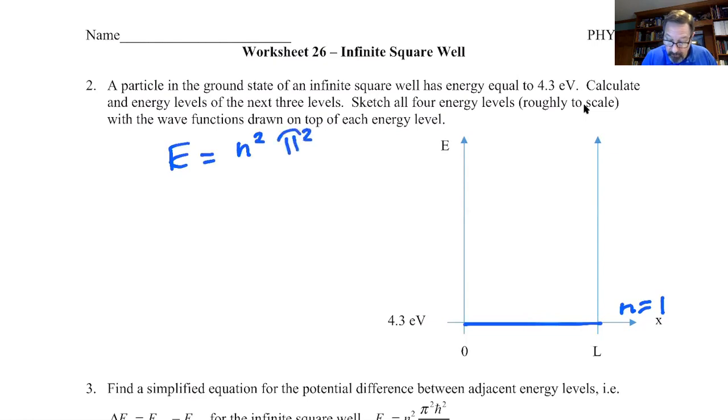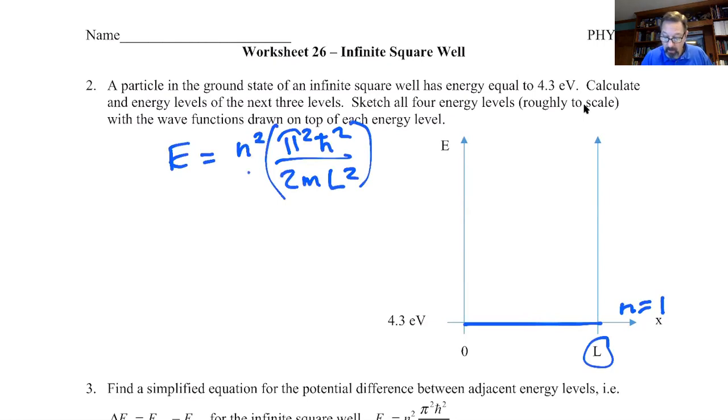There was a pi squared, there was an h bar squared, and there was a 2 times the mass of the trapped particle times the width of the well squared. There's L right there, okay? What we're saying in this problem is when n is equal to 1, this particle has 4.3 eV. And then any other energy for n equals 2, 3, 4, 5 can be found from that. But I want to think about what the wave function looks like.